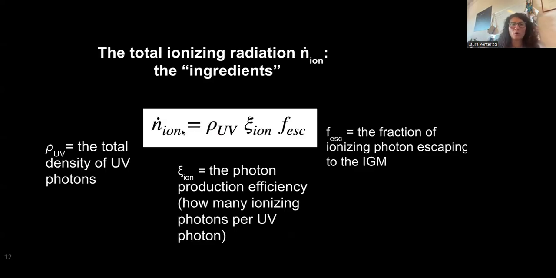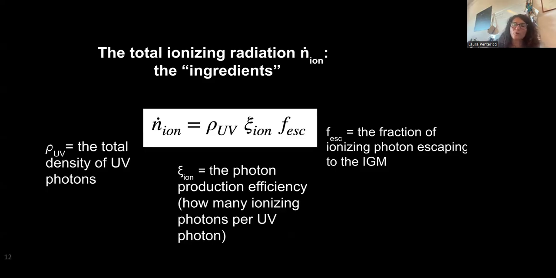I will now go into details in each of these ingredients and what JWST has done in the progress of these ingredients. The first ingredient is the density: rho UV is the total density of UV photons. This is a very easy quantity to measure. Basically, it is the non-ionizing photons, the UV luminosity.